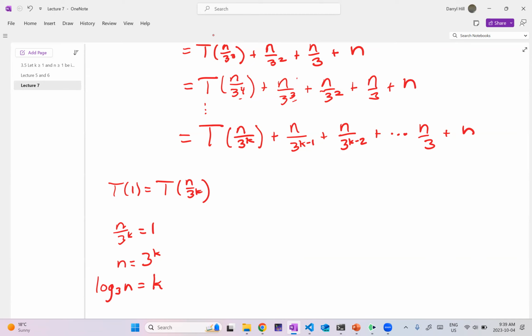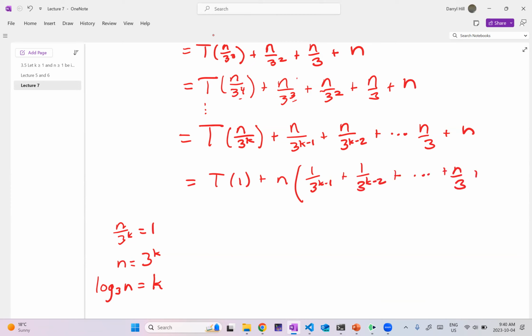Okay, so if I back up a little bit, this is equal to T of 1 plus n, and then 1 over 3 to the k minus 1 plus 1 over 3 to the k minus 2 plus n over 3 plus n.